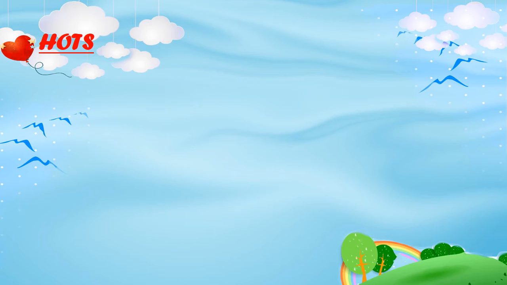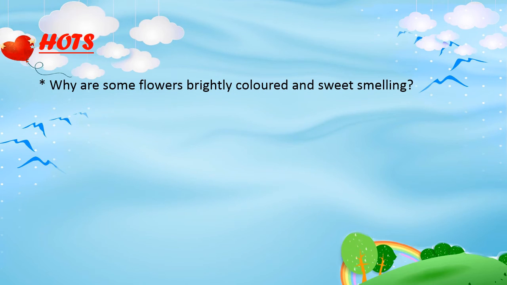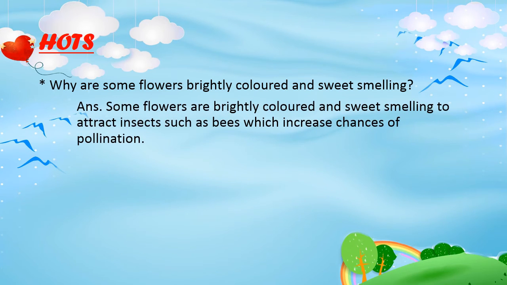Next exercise is HOTS, means higher order thinking skill. Its question is, why are some flowers brightly colored and sweet smelling? We all know that pollination is very important. So to attract insects, the flowers are brightly colored and sweet smelling.